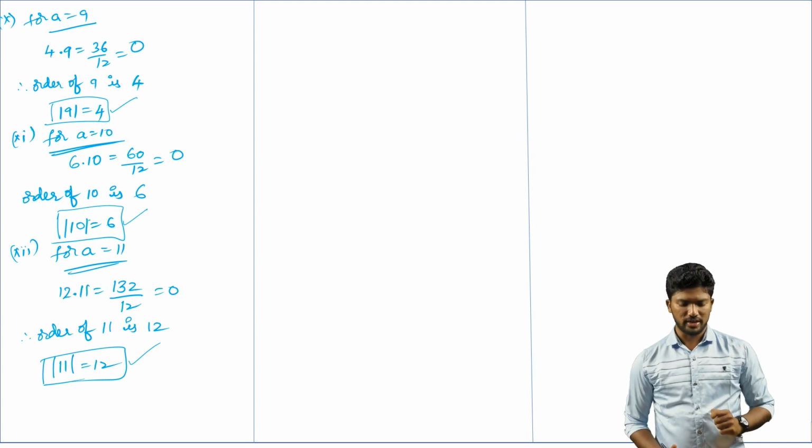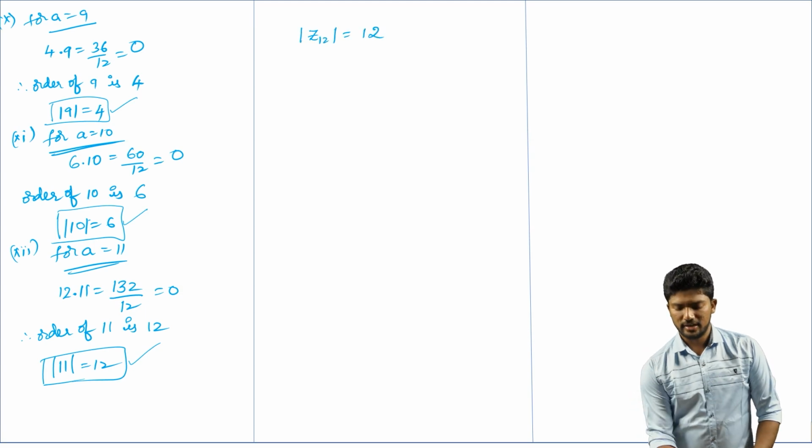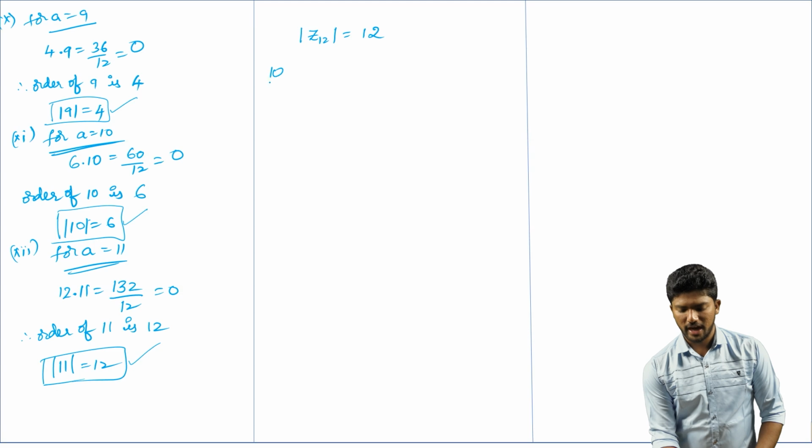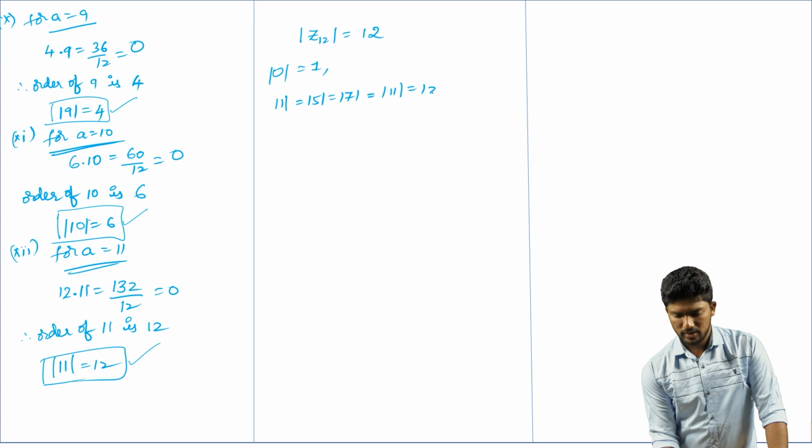If you observe carefully, order of Z suffix 12 is equal to 12, and order of each and every element: order of 0 is equal to 1, and order of 1, order of 5, order of 7, and order of 11 is equal to 12.